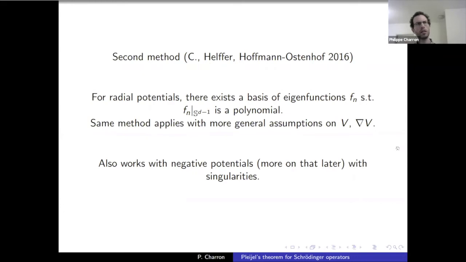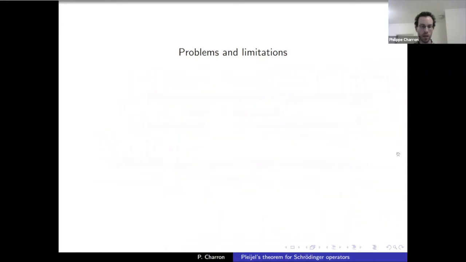So it was basically the same idea that was used in Yosef's paper, where you would count the number of nodal domains that touch the boundary for Neumann eigenfunctions. But the thing is that it really has some limitations, and the limitations come from what we assumed both the potential to be and the eigenfunctions to be.